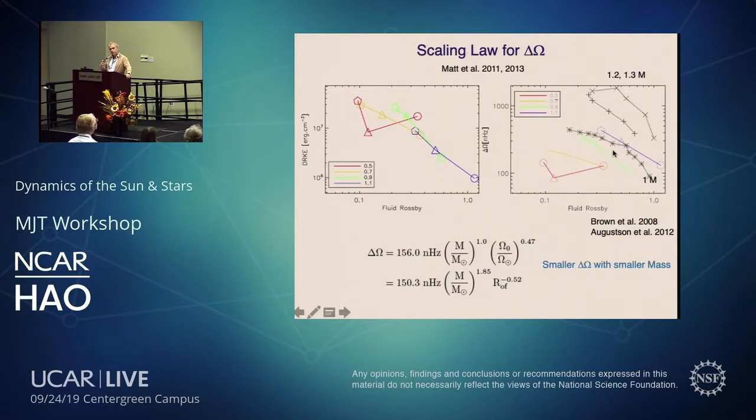So we kind of agree with observations. As a function of the Rossby number, when we rotate faster, we tend to have slopes that are steeper than what the observation is telling us. And we have an understanding of that because these are mostly hydrodynamical cases, and there is no such thing as a solar-like star with no magnetic field.